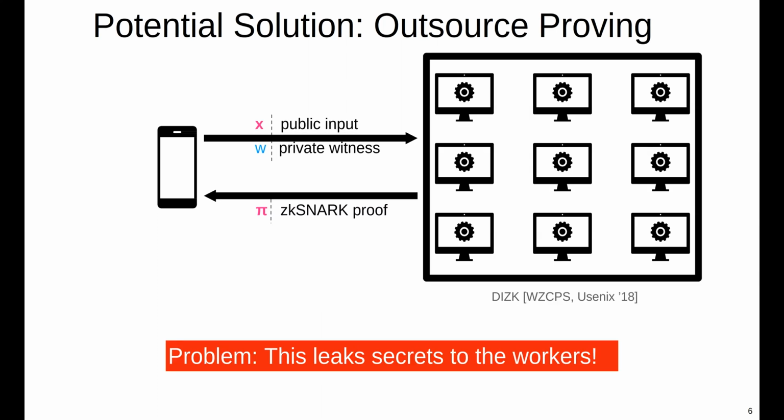And there is this other paper which was called DIZK, and what people try to do here is use a Spark cluster kind of thing, and there you get good scalability. But then again, with public cloud or when it comes to DIZK, you run into one problem, and it's a big problem wherein you end up leaking all your secret witness data to the worker nodes, right?